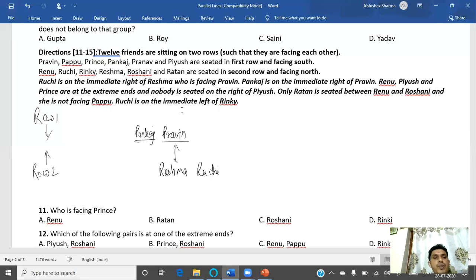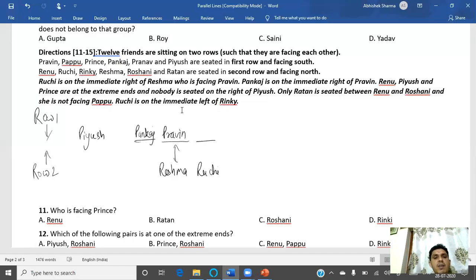Thereafter, Renu, Piyush and Prince are at the extreme end and nobody is seated right of Piyush. That means Piyush must be here. And if we check the number of people sitting in one row: Praveen, Pappu, Prince, Pankaj, Pranav and Piyush. That means there are 6 people, right?